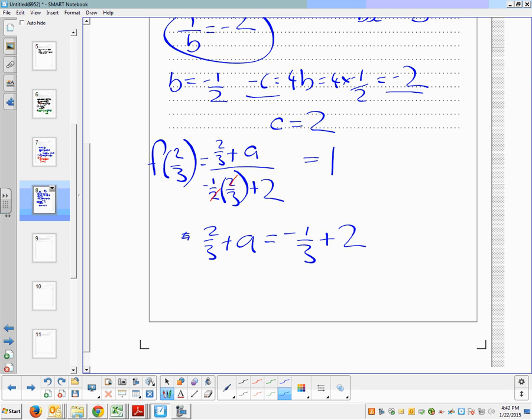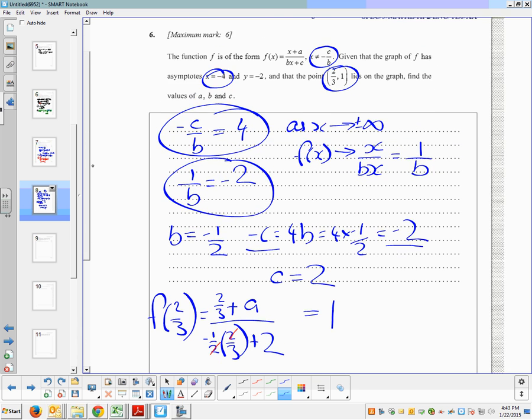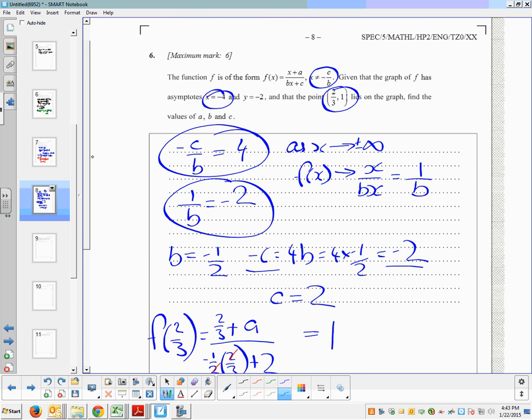Take away 2/3 from both sides, I get 2 minus 1/3 minus 2/3, so a is 1. No. Oh, I've made a mistake somewhere. It's here.